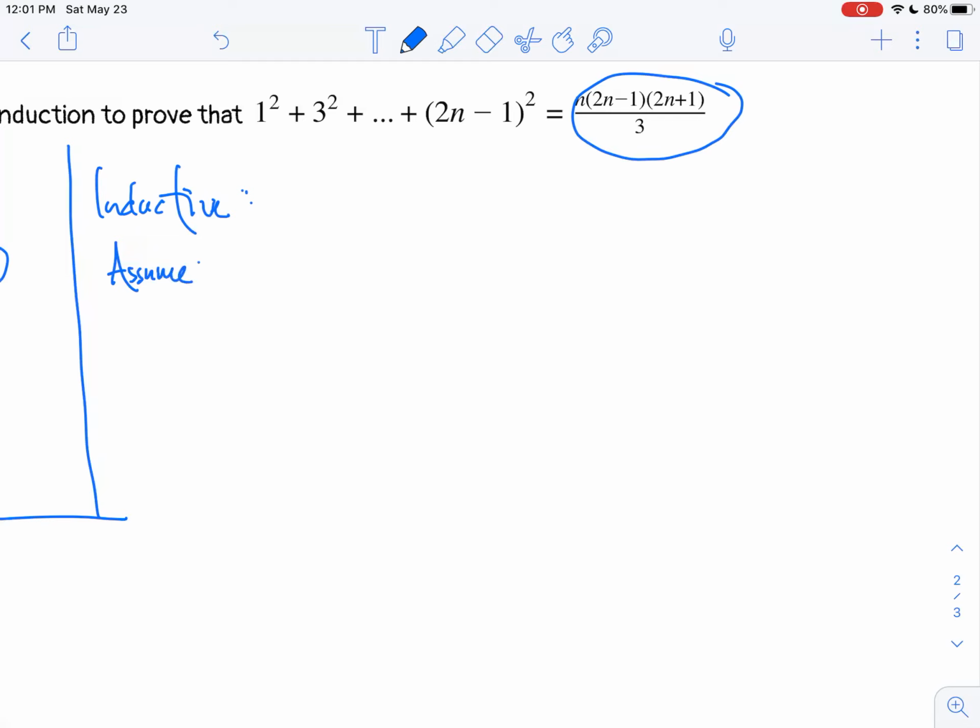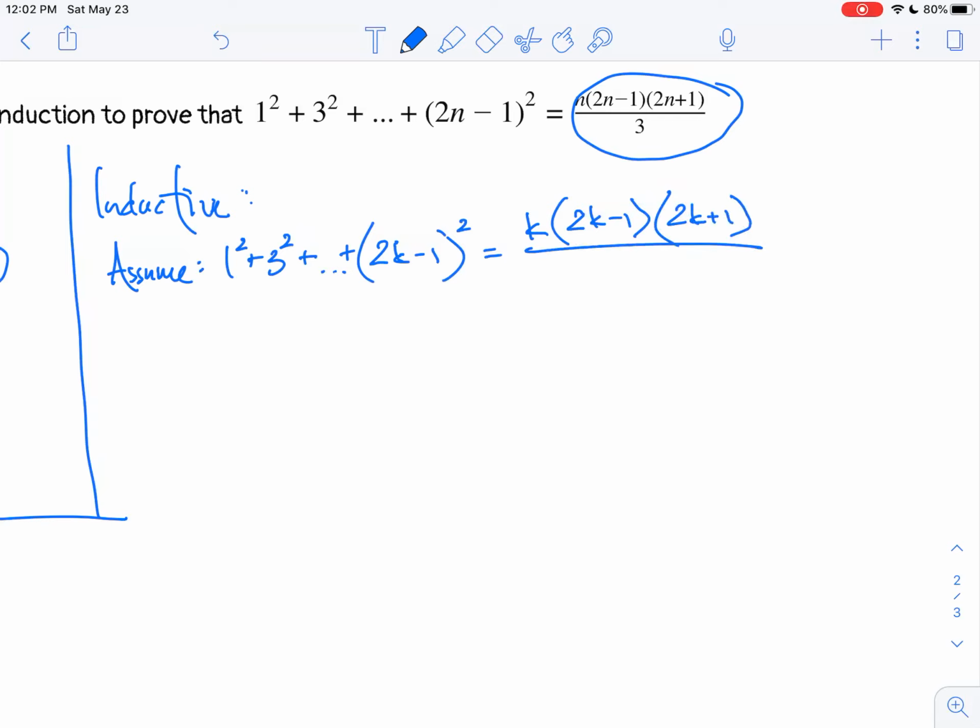So we're going to assume that 1 squared plus 3 squared plus ... plus (2k minus 1) squared is equal to k times (2k minus 1) times (2k plus 1) over 3.